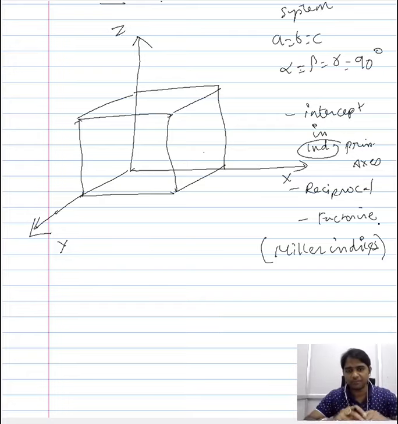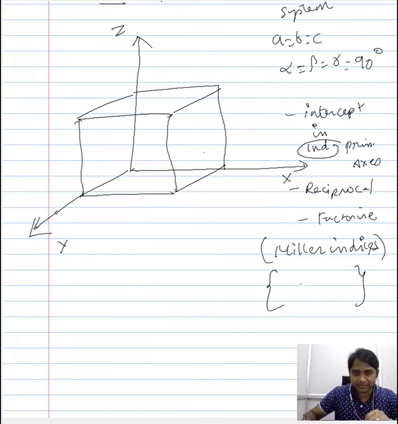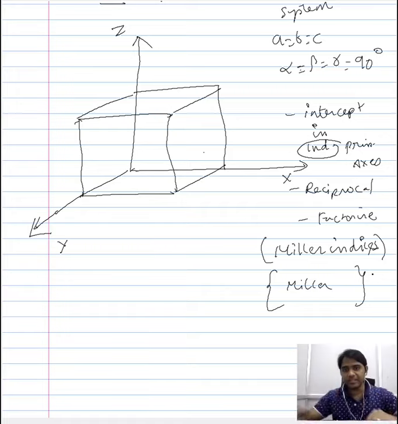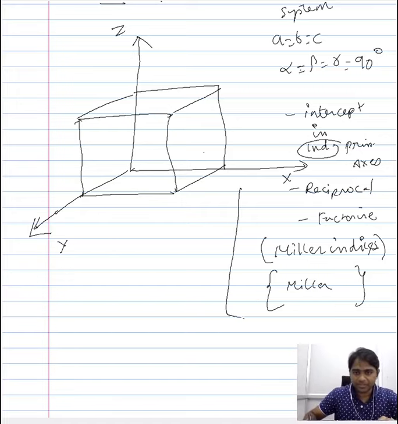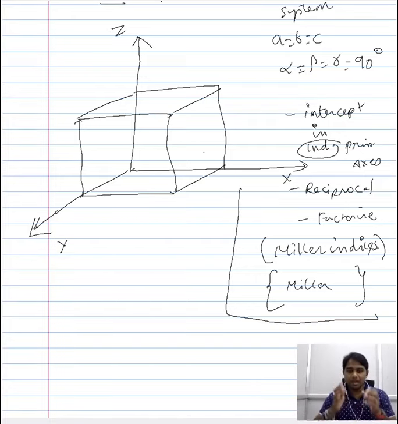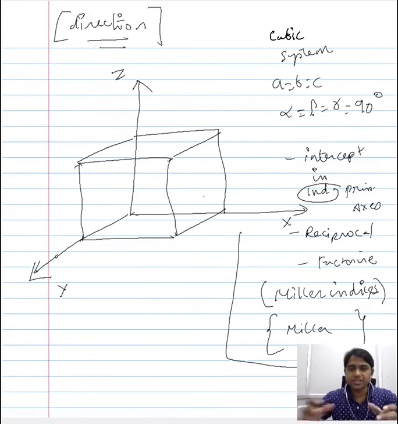These planes are equivalent planes, and they are referred to as the family of planes, and they are enclosed by the curly bracket. Miller indices enclosed by the curly bracket means we are considering all the equivalent planes. All this discussion pertains to the way to describe a plane within the unit cell using Miller indices.